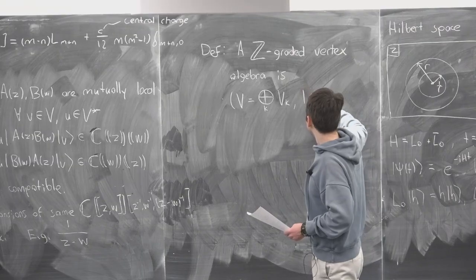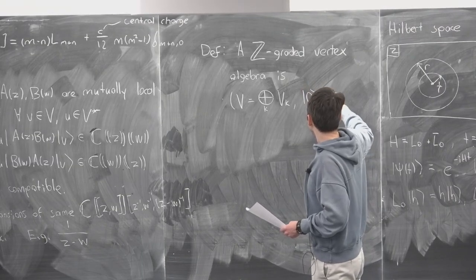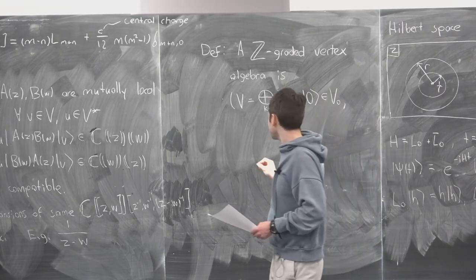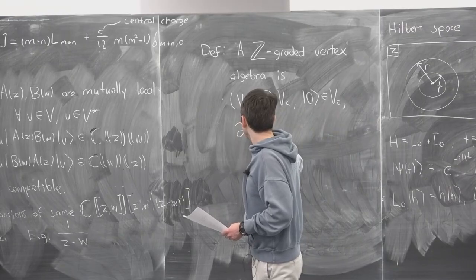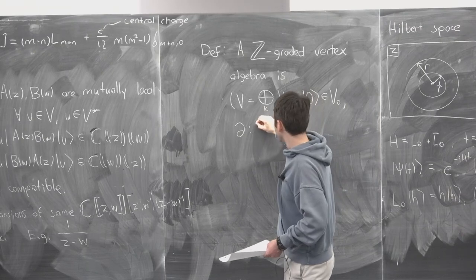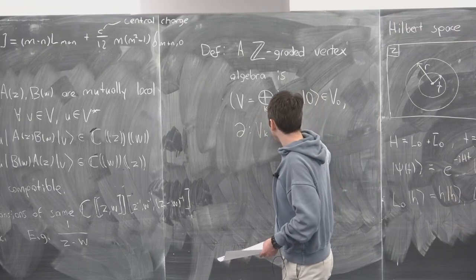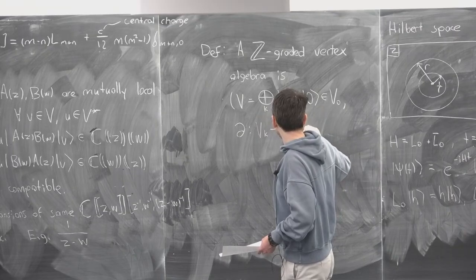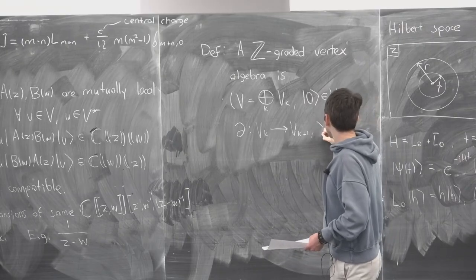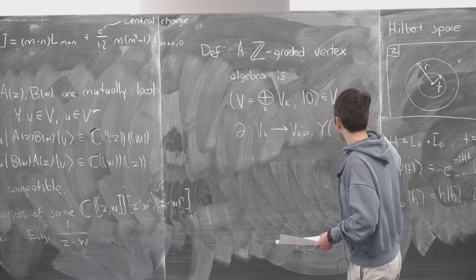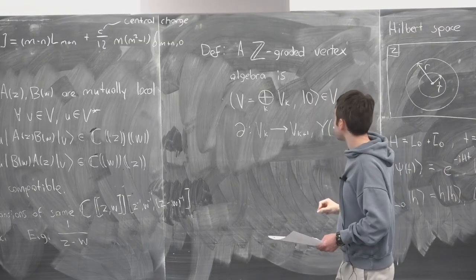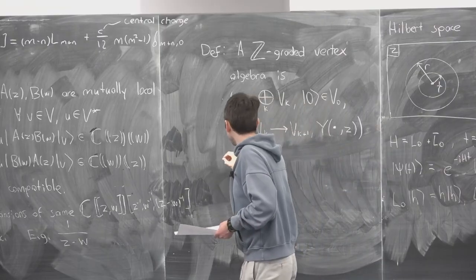It's going to be a distinguished state in V0, which we can think of as the vacuum. It'll be an operator called the translation operator, which maps Vk to Vk plus 1. And it's going to be something called the state operator map, which satisfies a few properties.